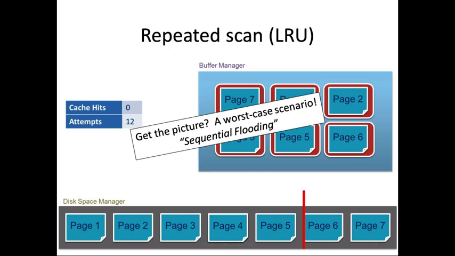And this is a phenomenon that has a specific name. It is called sequential flooding. So here, after 2 scans of the file, the hit rate remains at 0%, even if, of course, the buffer zone is almost as big as the data, right? And in reality, we are rarely that lucky.